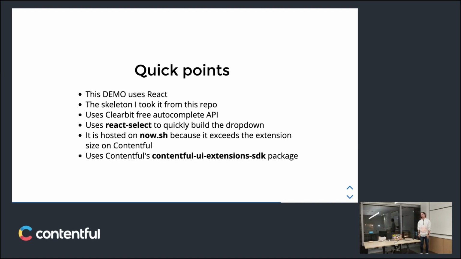So I just went to now.sh and uploaded it there, put my URL, and then it just works, pretty simple. And the last thing, using Contentful's NPM package to bring the SDK in the ES6 way as a module, because I have Webpack, so I can automatically bundle it with my entire thing, rather than putting my HTML at the top the way that you saw in the previous demo.